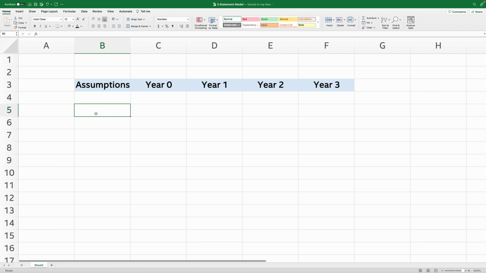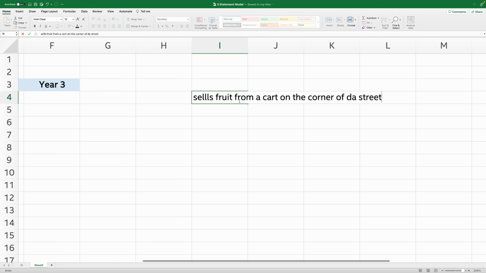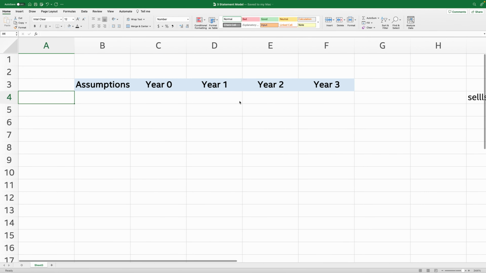All right. So first things first, we'll start with what kind of company this is going to be. So assume this is like a fruit cart company. So this company sells fruit from a cart on the corner of the street. Very straightforward.